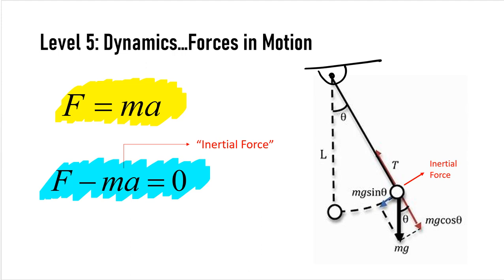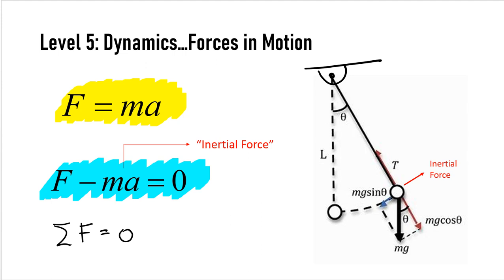If you do that, you end up with an equation that basically goes back to the basic idea of sum of forces equal to 0, but now you have to add this inertial force, which represents the tendency of the body to not move, right? To want to stay in its position.